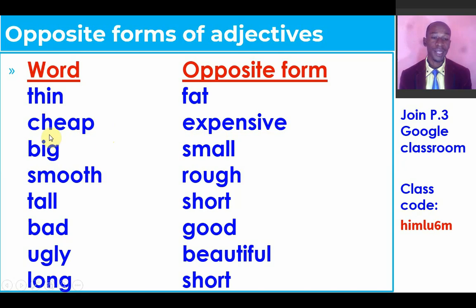Take note of that. Where we have big, bigger, the opposite becomes smaller. The same applies to the superlative degree. We have smoothest, then here roughest, tallest, shortest, worst, best. Is that very clear?